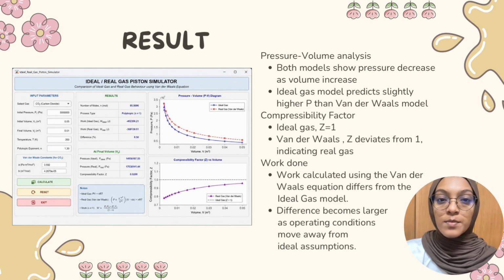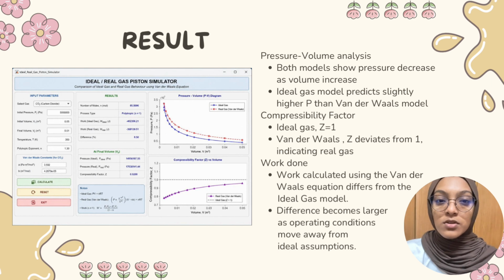From the generated pressure-volume graph, both gases follow the expected trend where pressure decreases as volume increases during expansion. However, the real gas model shows slight deviations from the ideal gas model because it considers intermolecular forces and the finite size of gas molecules.